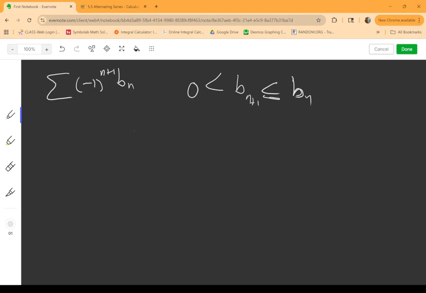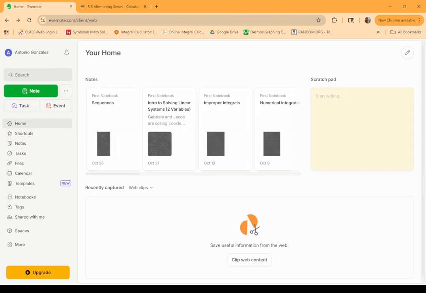So what happens if we think of the partial sums?